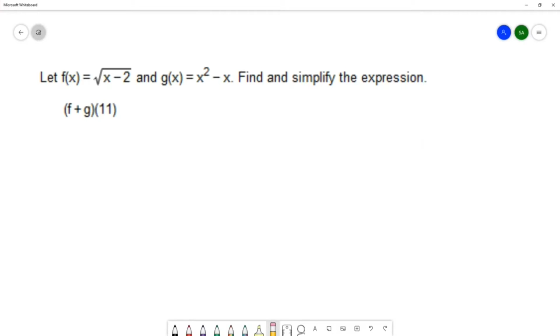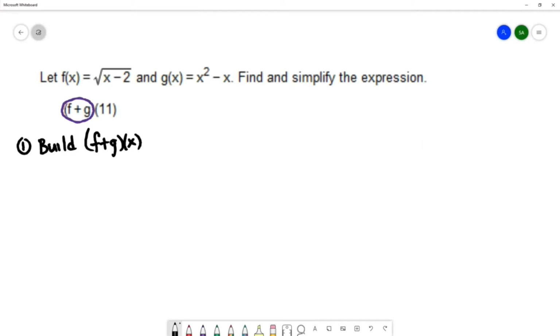On the first approach, we would start off by building the function that is described here. So we would want to build the function f plus g of x.